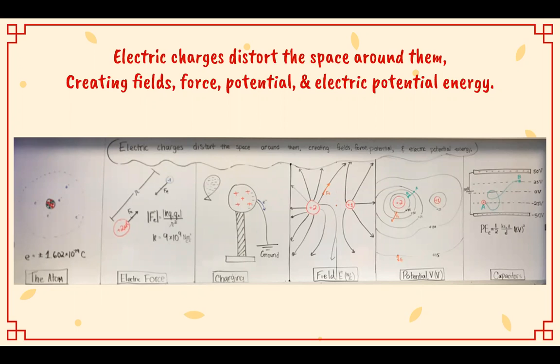That distortion causes a field which creates forces. You can also think of that distortion as creating potentials, where positive potentials are near positive charges and negative potentials are near negative charges. And potentials create potential energy. So fields go with forces, potential goes with potential energy.